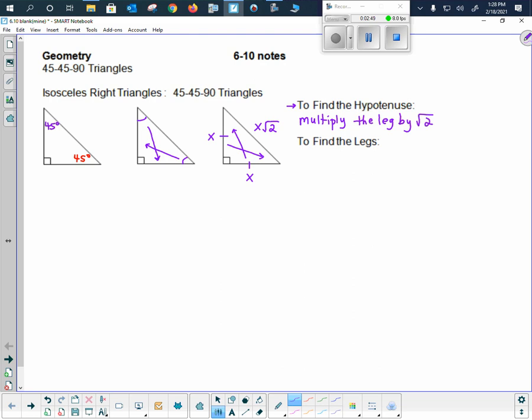And then to find the leg, if you've got the hypotenuse, you want to get shorter, so you would divide the hypotenuse by that same number of root 2. All right, so let's practice with it.